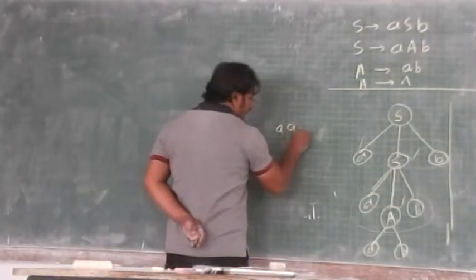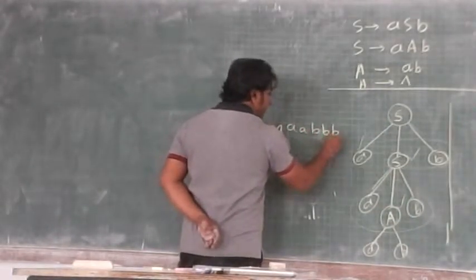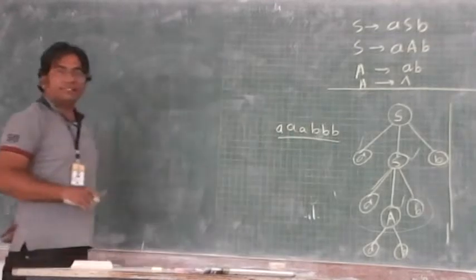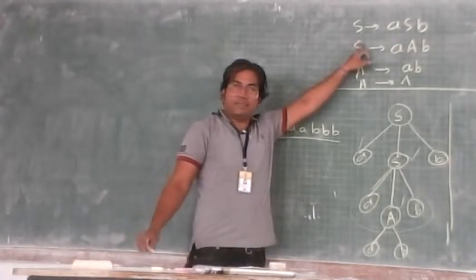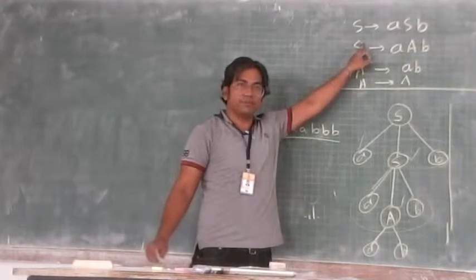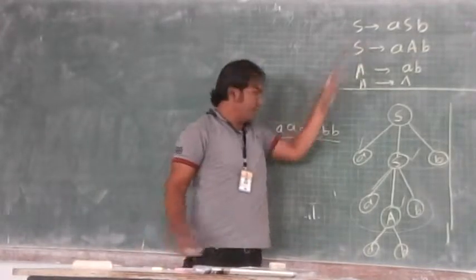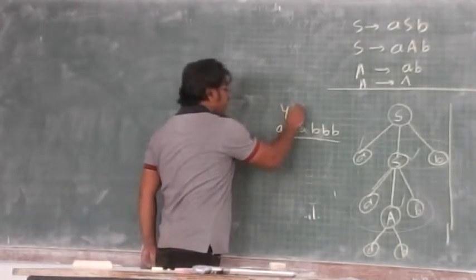So ultimately I get the string A, B, B, B. By this derivation tree I can get this string, which is exactly the string of the context-free grammar given to me. So that string I term as a yield.